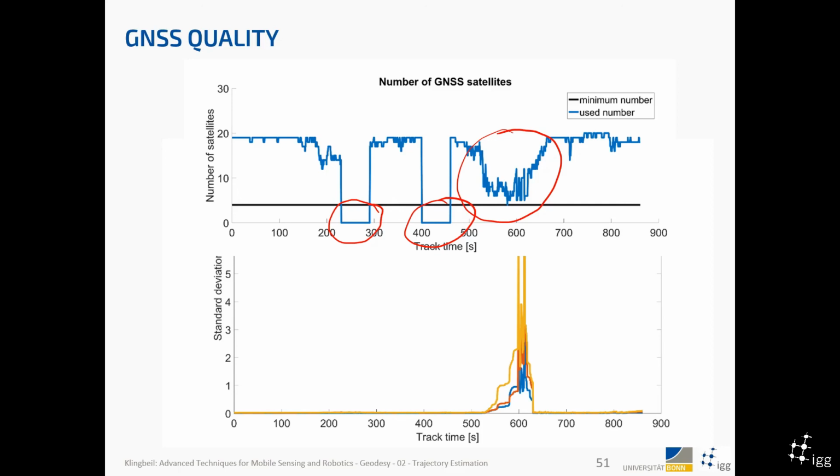This here is the standard deviation of the GPS as it comes out of the receiver. So the receiver calculates a position and gives us some sort of covariance or estimation accuracy. We don't really know how the receiver manufacturer calculates this, but it is of course also a good indicator of what's going on.